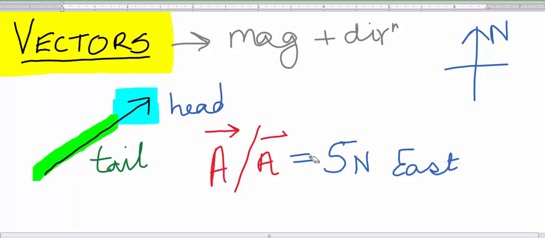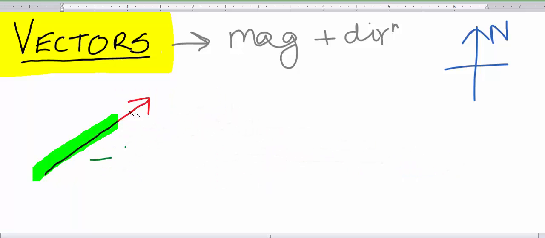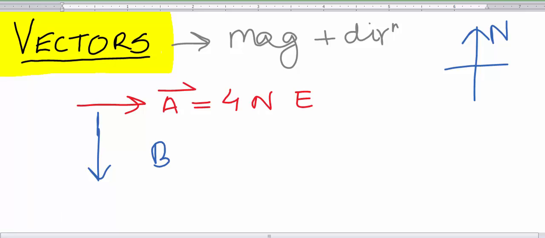Now let's see how we can compare two vectors. For the comparison of two vectors, keep in mind that we need to compare both the magnitude of the vector and the direction of the vector. So let's consider two vectors to be like this. Say this is a force vector of say 4 Newton towards east, and let's have a second vector b, a bit longer than this.